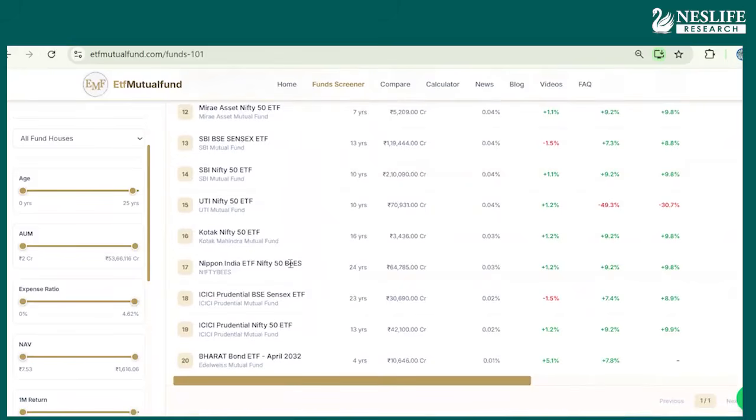This is the most popular index, the Nifty 50, and Nippon is the oldest ETF investing in it, and the name is Nifty Bees. Bees stands for Benchmark Exchange Scheme, the previous old name, but now it is just for historical significance.